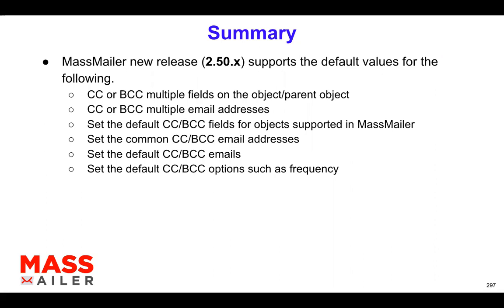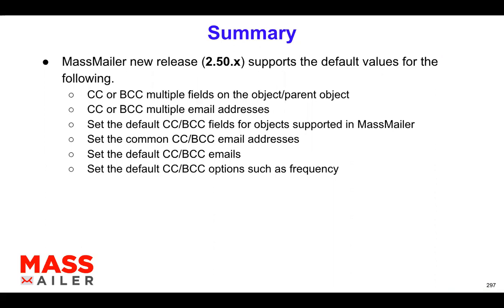Very soon we're going to open up the sandbox preview. So if you are an existing customer of MassMailer and have 2.47, you will not see these options yet. But if you are an existing customer on 2.50, you will see these options. And if you're new to MassMailer, definitely you're going to get on 2.50, so you will have these options as well.